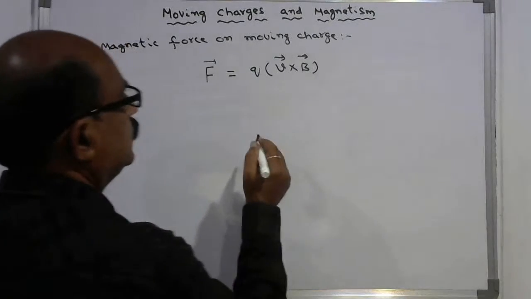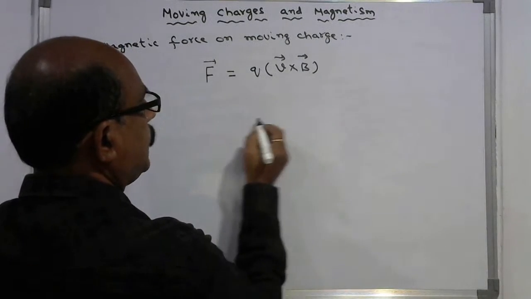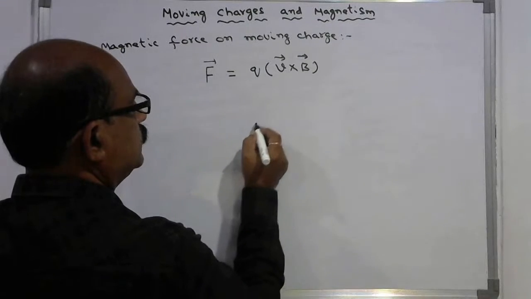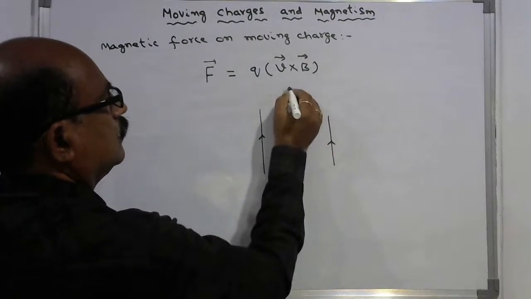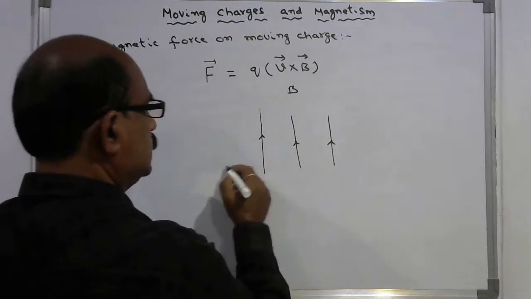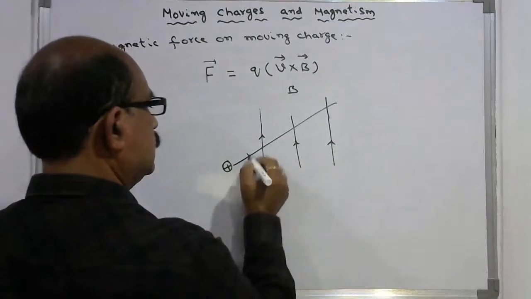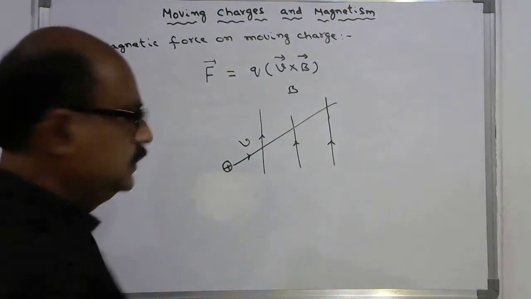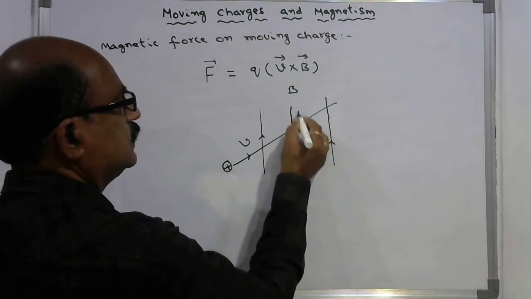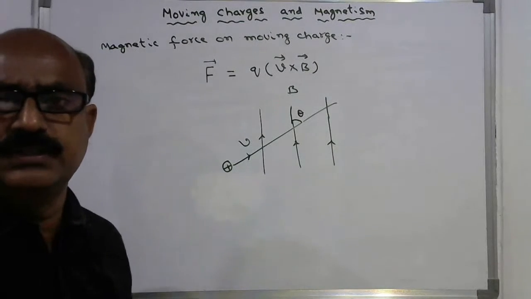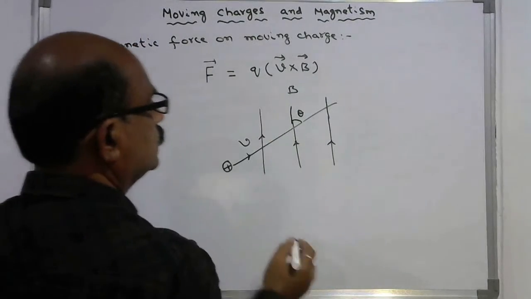Let us consider a charge moving in a magnetic field. I just write down, this is the direction of the magnetic field. And if the charge is moving in this way, this is the direction of the moving charge with a certain velocity v, which is making an angle theta with the direction of the magnetic field. Then what happens?